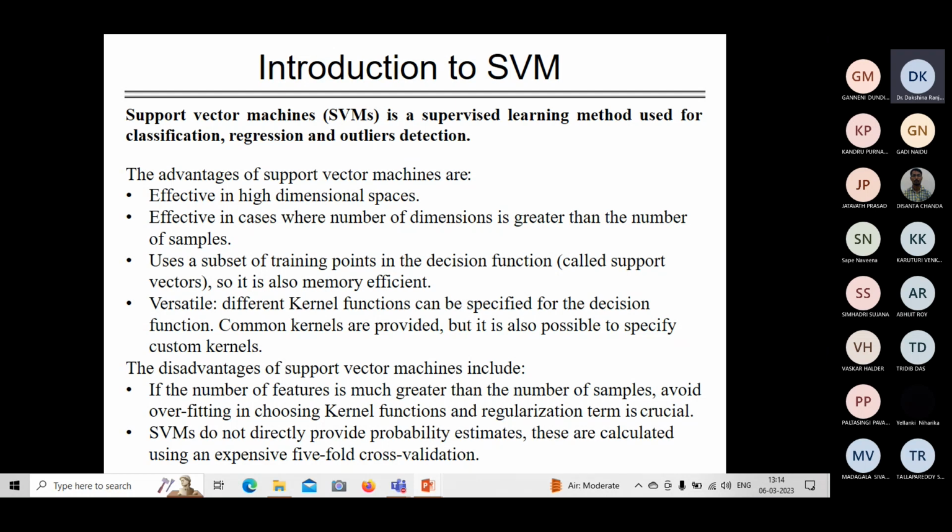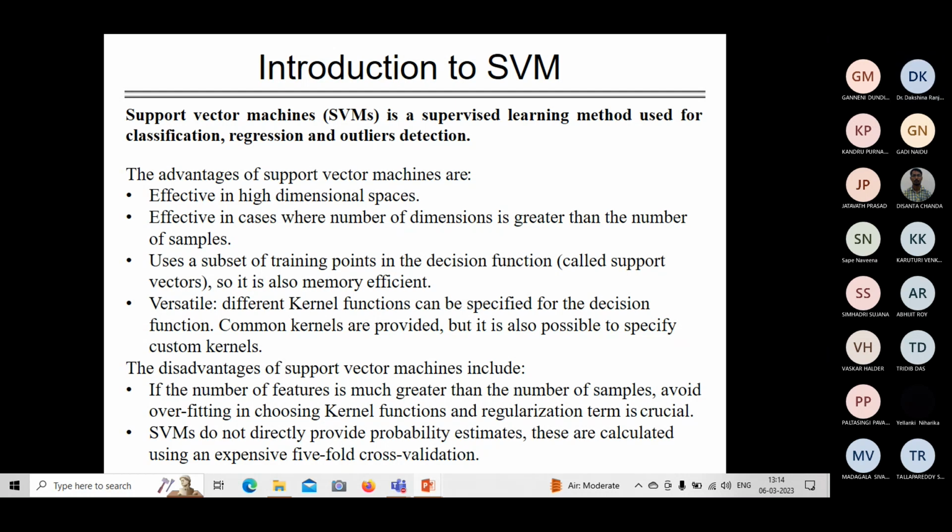Now, since there are some advantages of support vector machine, we also have some disadvantages. These disadvantages include: if the number of features is much greater than the number of samples, then avoiding overfitting in choosing kernel functions and the regularization term is crucial.